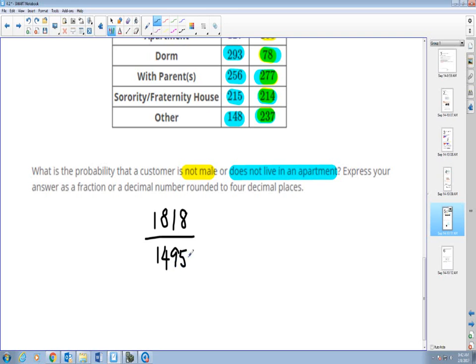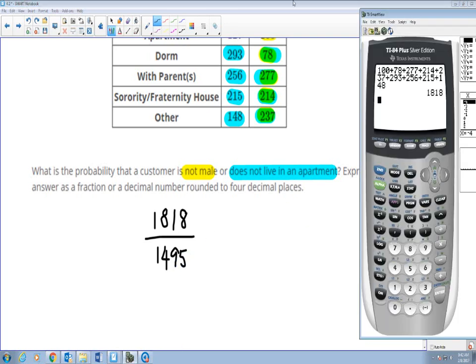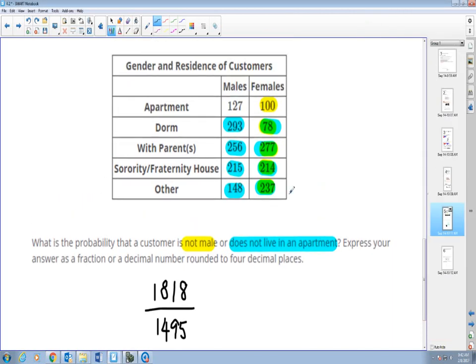And I can type it in, convert it into a fraction, or write four decimal places. It's a little bit tricky. Not male, so that's all the females. Does not live in an apartment, so that means all the people who do not live in an apartment. You're going to count those. It's just the ones I highlighted twice that turned green. I don't want to count those two times. I can only count them one time. That's the common outcome.